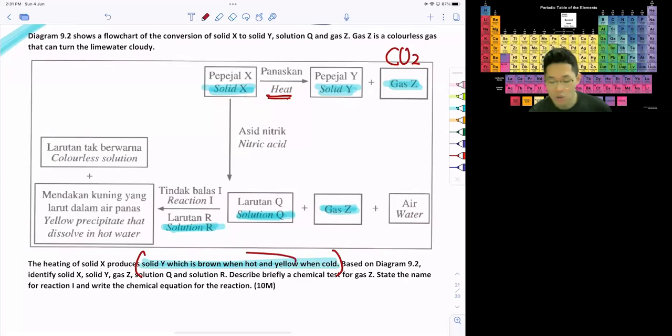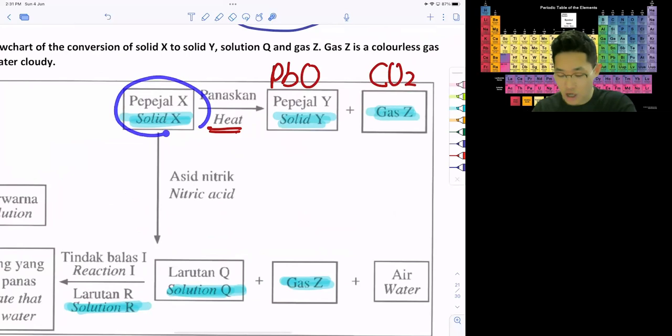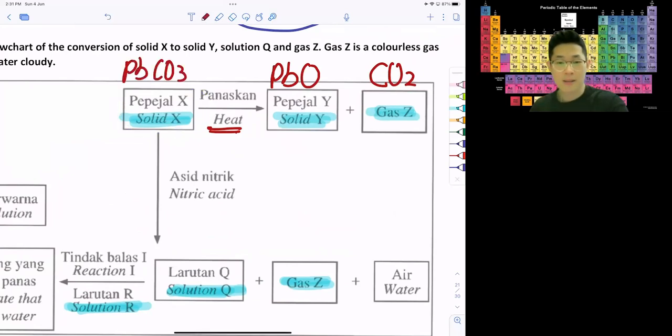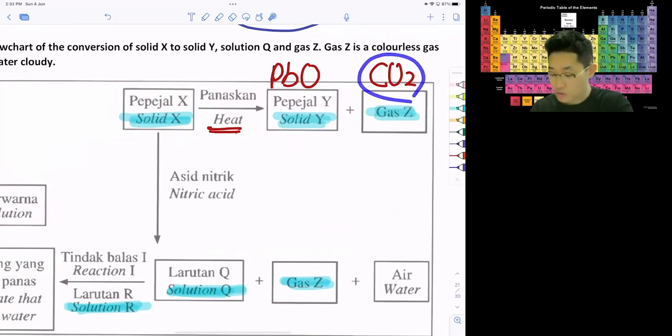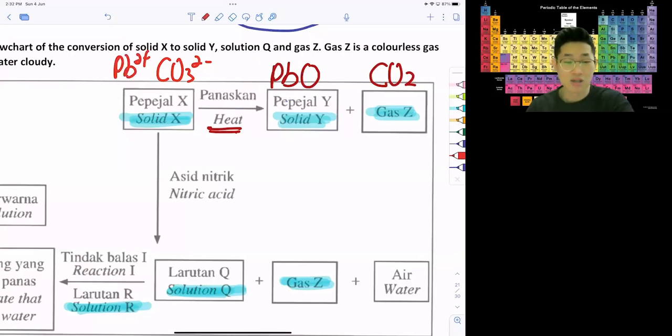Brown and yellow is the one closer to the copper one, so PbO. So the salt will be PbCO3. How do I know it's PbCO3? Because when I see CO2, it is CO3 2 negative ion. When I see Pb, Pb2 plus. So that's why PbCO3.